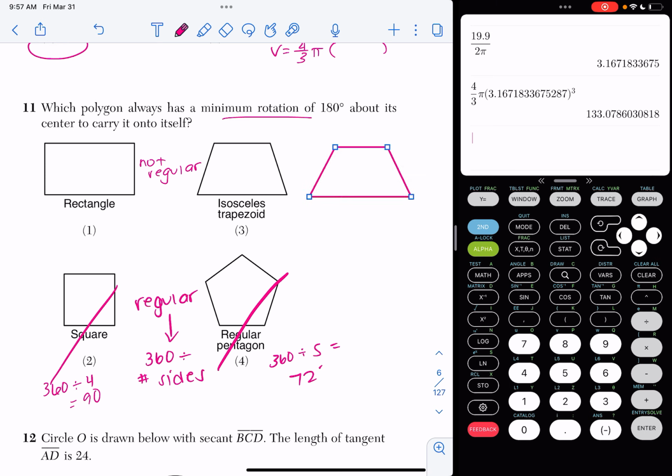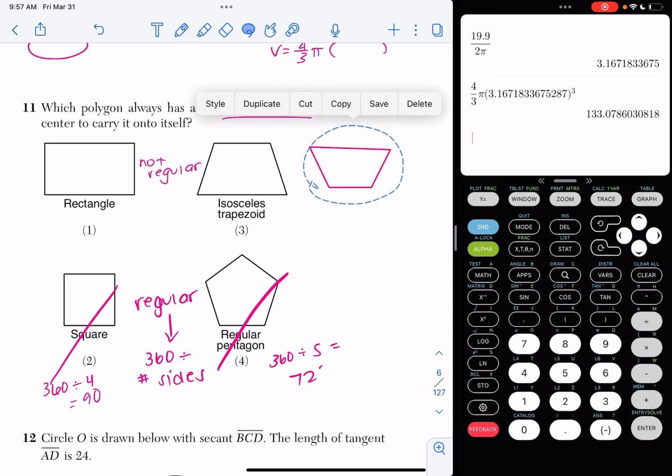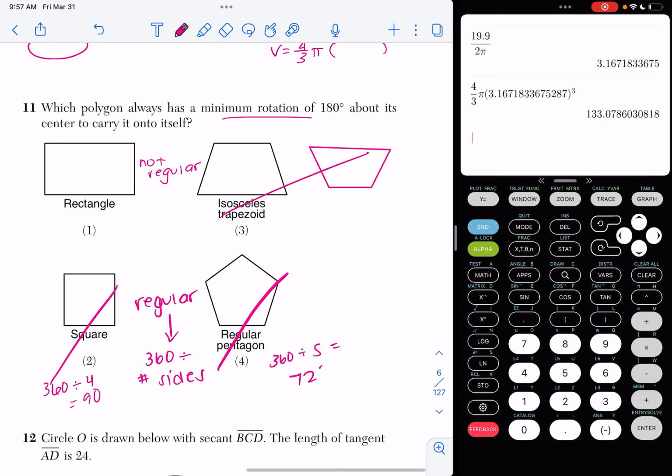There we go. Here's an isosceles trapezoid, or close to it. If I take this trapezoid and I try and rotate it 180 degrees, notice how it does not look the same. It's facing a different way. So that's going to make this incorrect. It's not a 180 degree rotation, and my answer is choice 1.